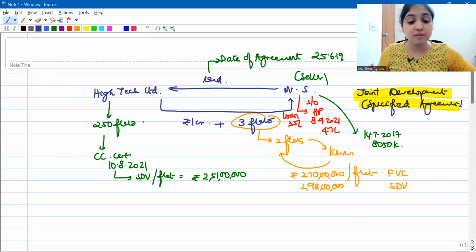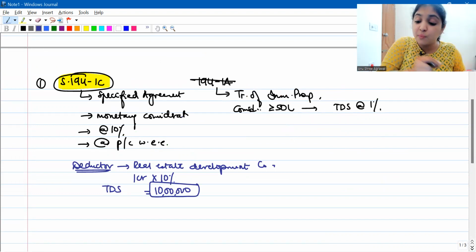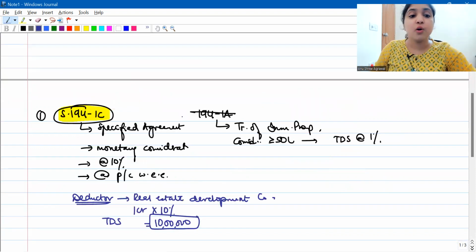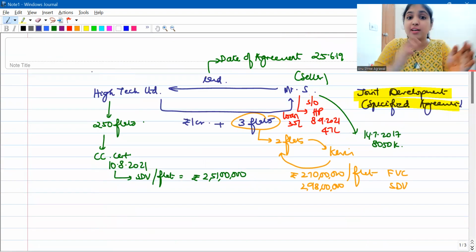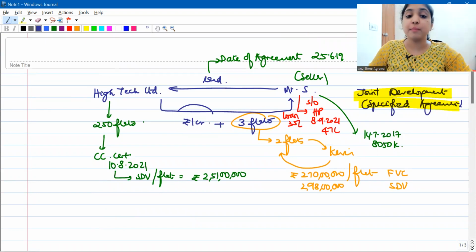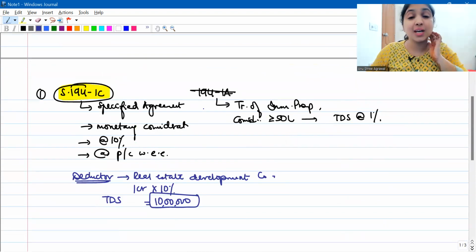Then we spoke about section 194 IC. Under section 194 IC, we deduct tax. Who deducts tax? The real estate developer. The real estate developer, when he's giving monetary consideration to the transferor of the property, when High-Tech Limited is giving monetary consideration to the owner of the property, Mr. Sakshar, from this monetary consideration part alone, the real estate developer will deduct tax at what rate?